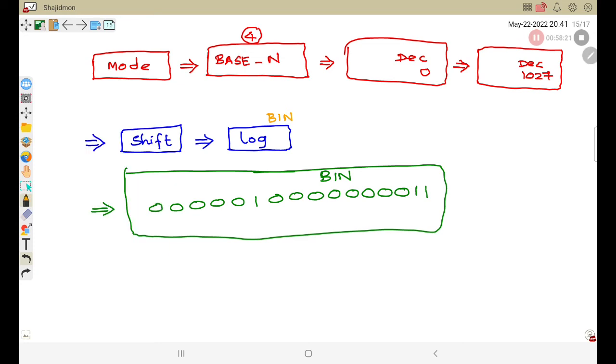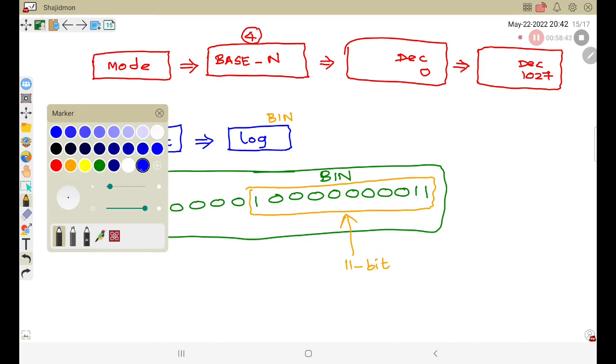From this you select your answer, the last 11 bits, because we need an 11-bit conversion. This is the 11-bit binary number representing the decimal number 1027.